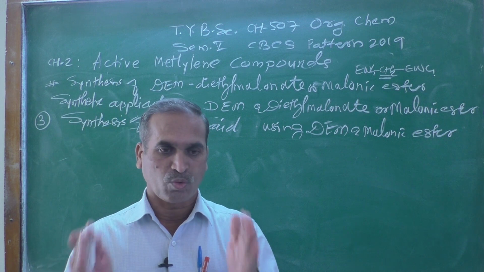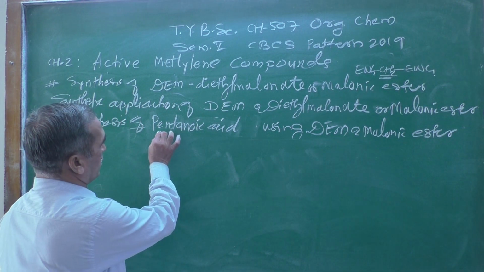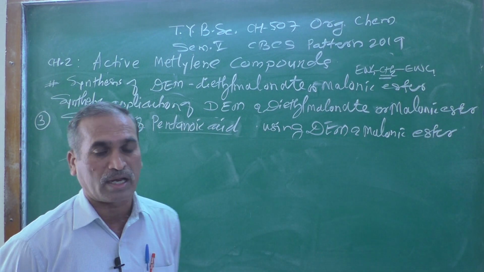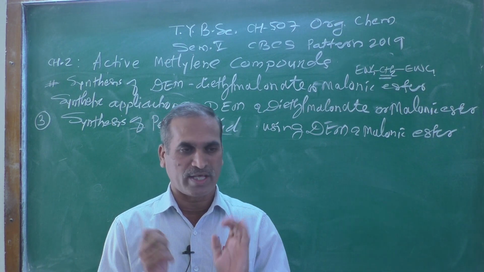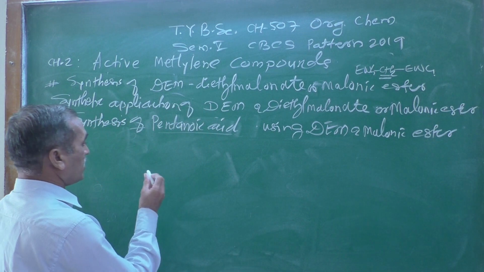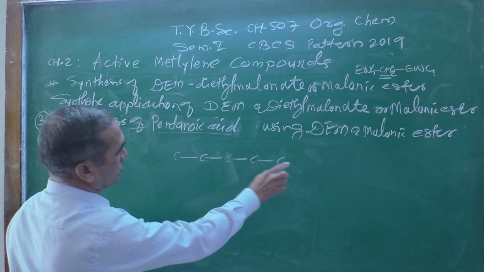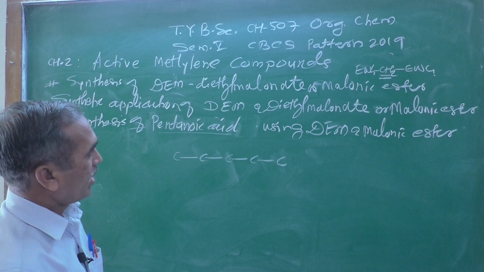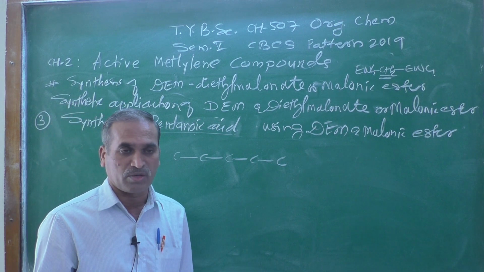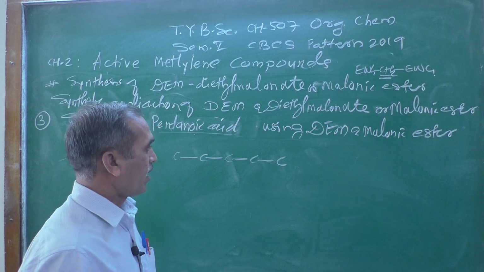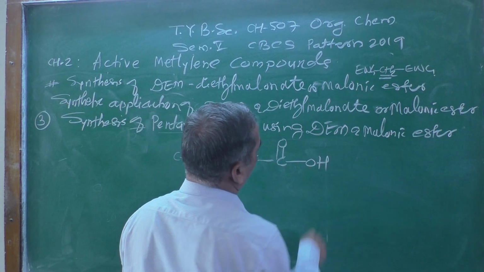And here, the first point required is to draw the correct structure of the given target molecule, pentanoic acid. As usual you know that pent indicates there are 5 carbon atoms in a straight chain. So draw the 5 carbon atoms in a straight chain, and as we know, oic acid means there is a carboxylic group, and that carboxylic group is always present at the end of the carbon chain, and I am showing that carboxylic group like this.